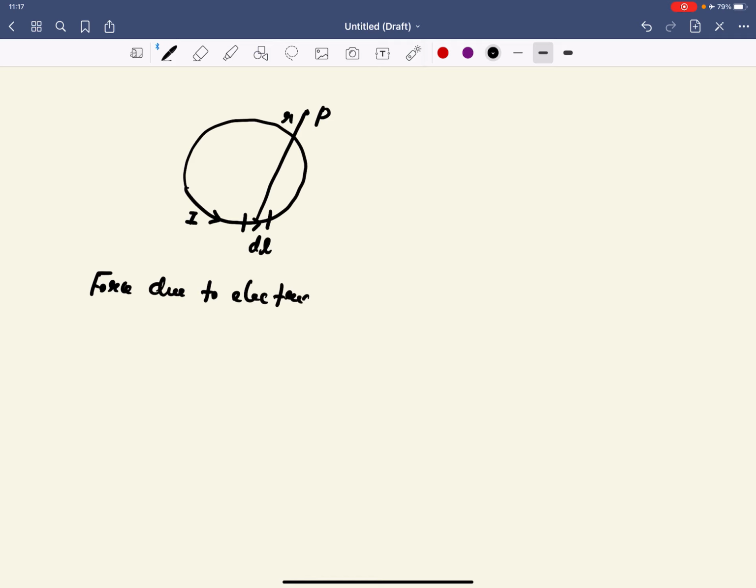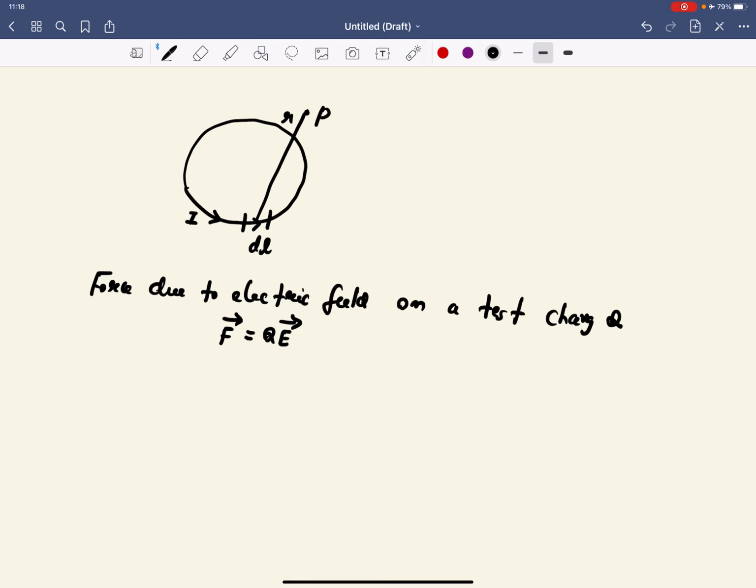We'll try to compare everything from electrostatics because that is what we are very familiar with. So the force due to electric field on a test charge Q is given by F equals Q times E, where E is the strength of the electric field.